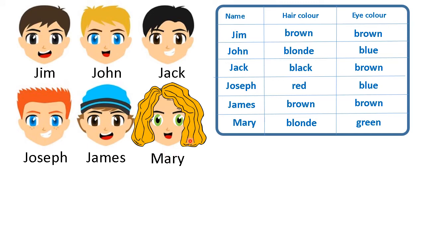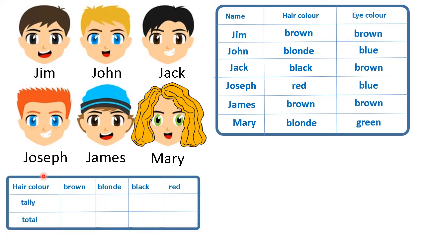Now that we've prepared this table, we can count or tally how many of each color hair and eyes there are. Remember, we use vertical sticks and the horizontal stick to close a group of 5. We have 4 different hair colors: brown, blonde, black, and red.